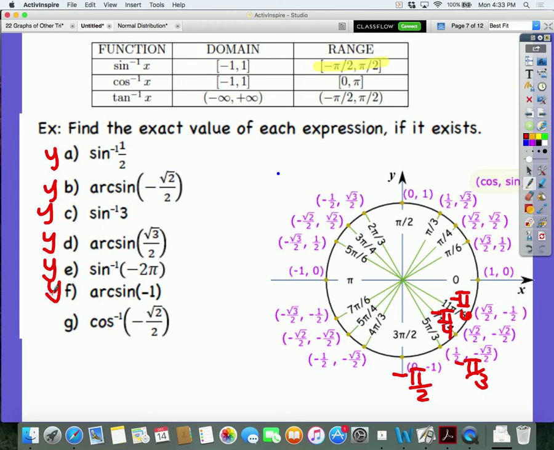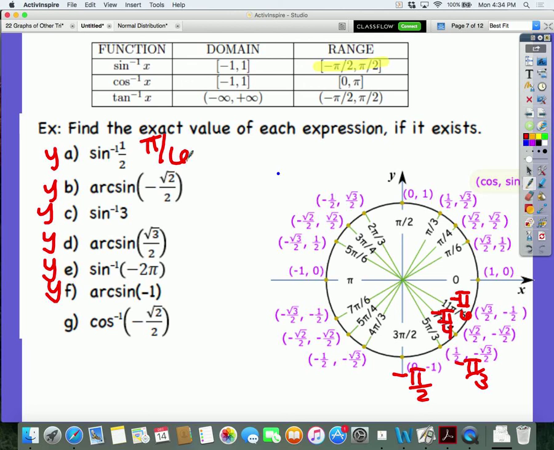So where is the y coordinate positive 1/2? Well, that's right here at pi over 6. So this value is pi over 6. Basically, we're doing the opposite of what we were doing back in lesson 19. Instead of you giving me the coordinate, you are now giving me the radian measure, and I'm giving you the coordinate.